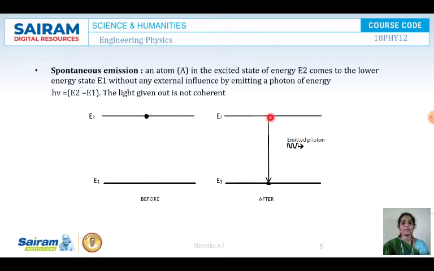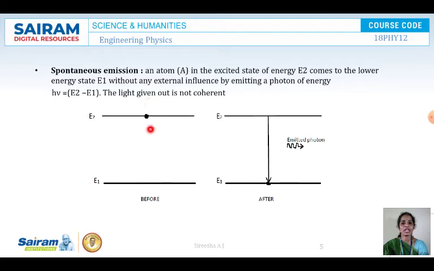So what will happen? The atom reaches down to the ground state, and when an atom transfers from a higher energy state to a lower energy state, a photon is emitted. This is emitted because the atom is moving from a higher energy state to a lower energy state. Why does the atom come from the higher energy state to the lower energy state?